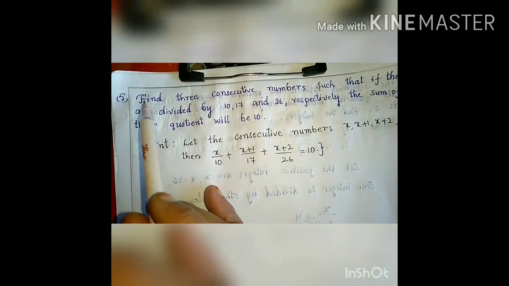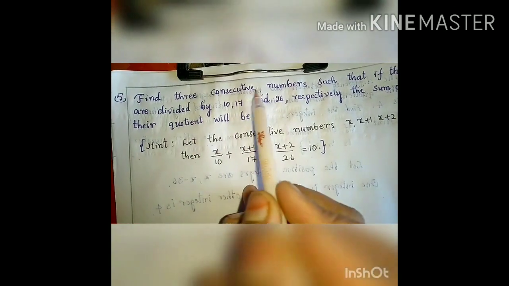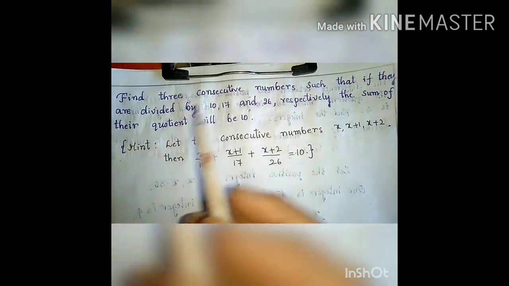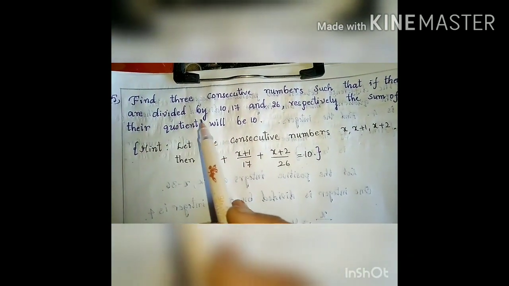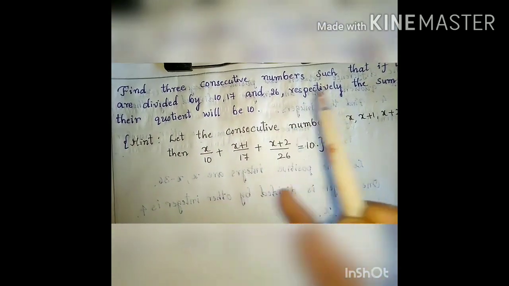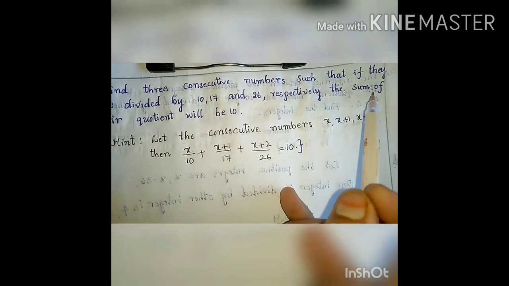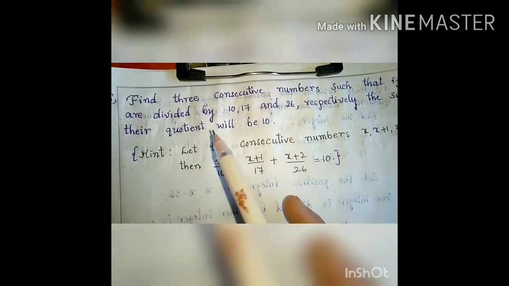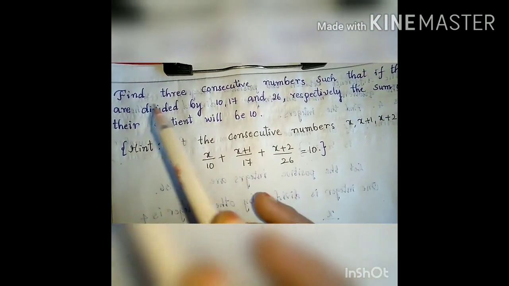Next, the fifth problem. Find three consecutive numbers such that if they are divided by 10, 17 and 26 respectively, the sum of their quotients will be 10. Listen carefully.